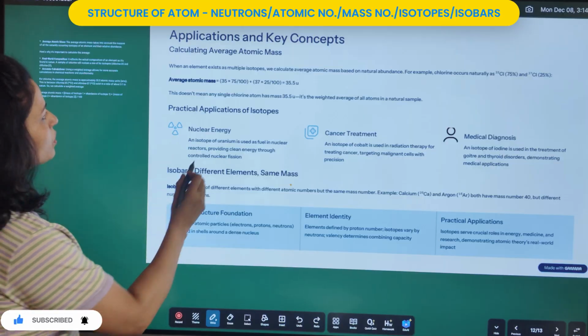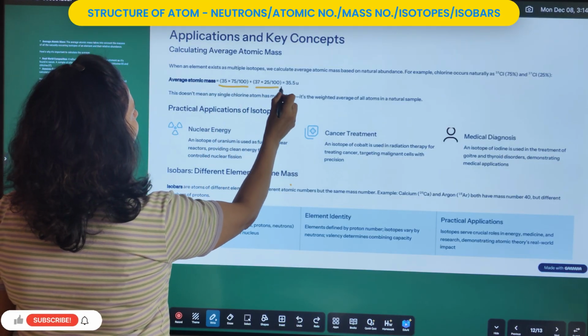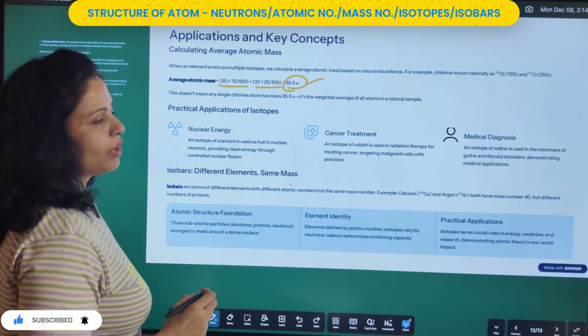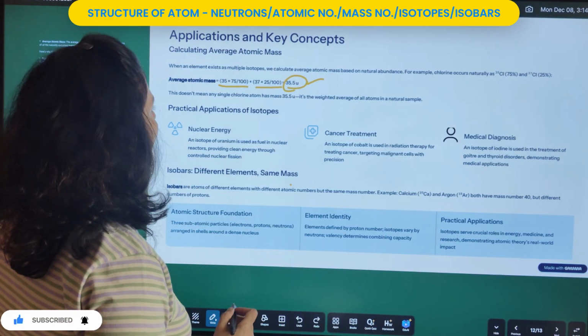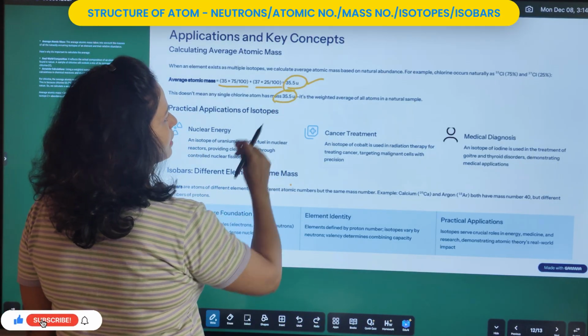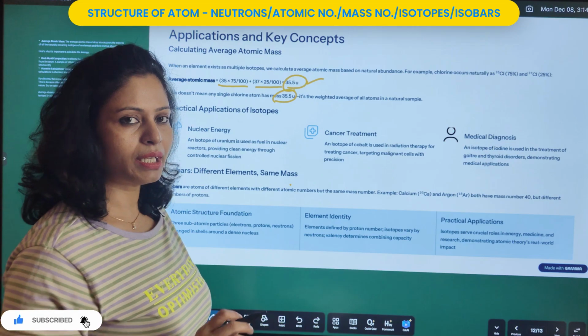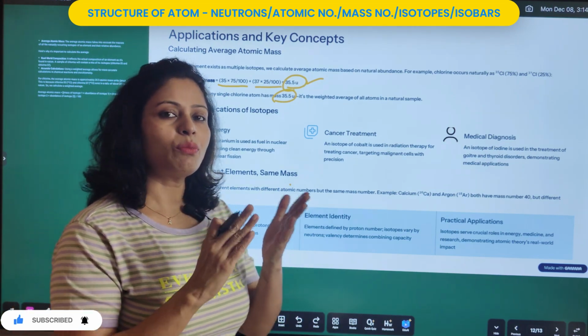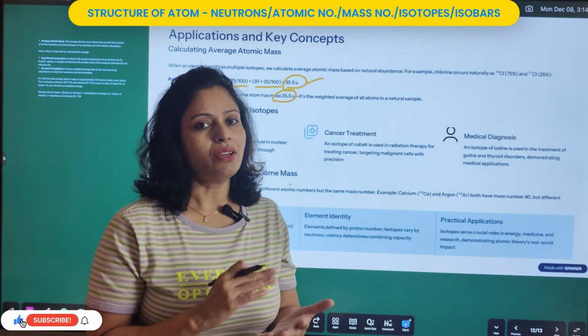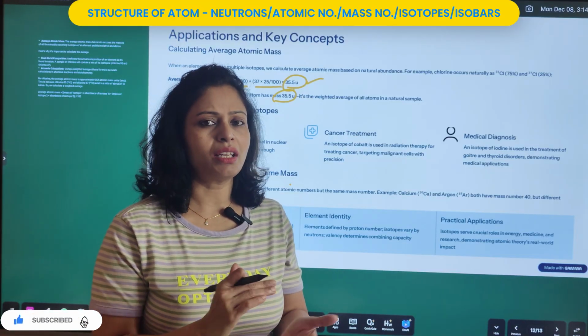That doesn't mean any single chlorine atom has this. It is the average of all the atoms of chlorine, because a sample of chlorine contains both isotopes. So we have to find the average atomic mass of chlorine or any other isotopes present.